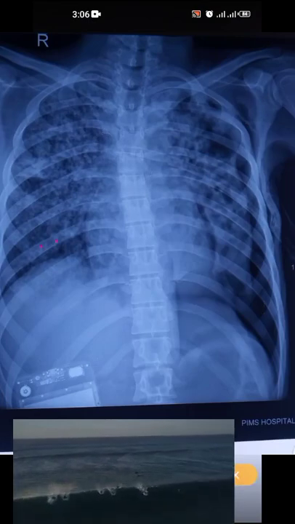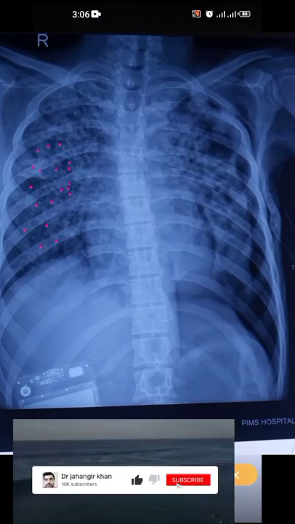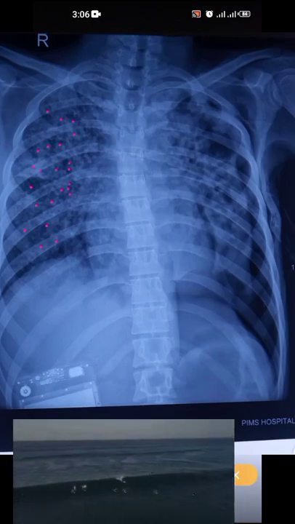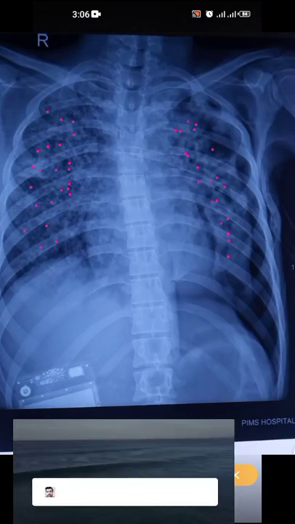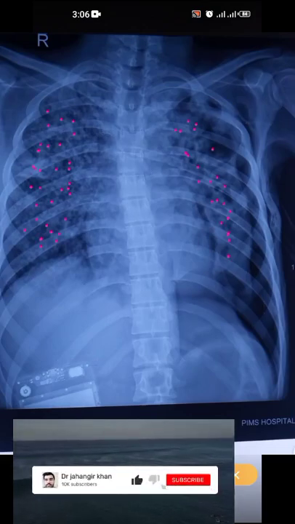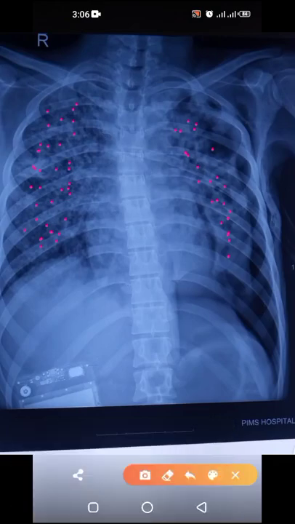So, there is nodularity in all the lung fields bilaterally. So this is actually a nodular pattern bilaterally involving both the lungs, upper, middle, lower zones, with some cavitation in between.